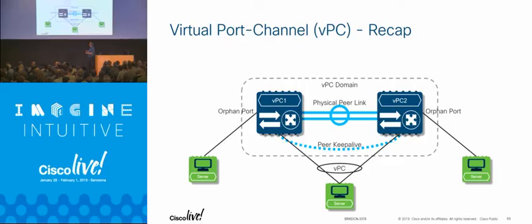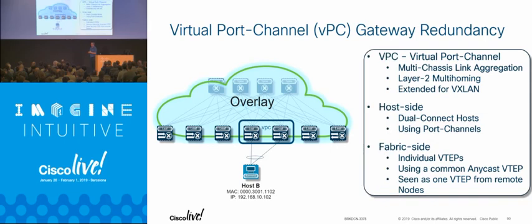Now, what I do here is nothing else than dual homing of these hosts, and as that domain exists, across that domain, I define a common shared information, right, between these two members, and I use individual information.